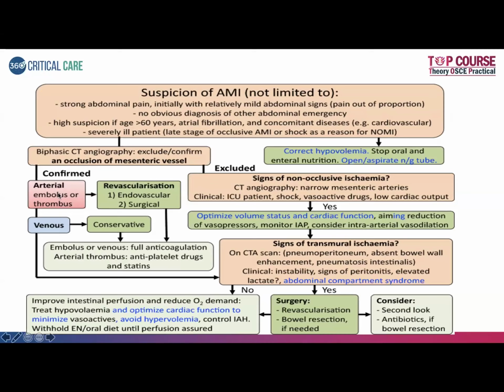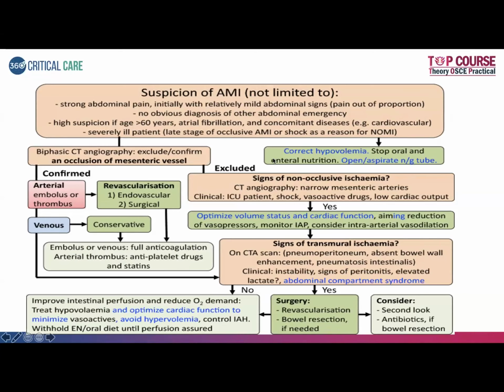If there is an arterial thrombus or embolism, so if an arterial occlusion is present, consider revascularization, either endovascular or surgical. Go ahead with full anticoagulation. If there is an arterial thrombus, you have to start antiplatelets and statins. If there is a venous thrombus, full anticoagulation. So remember, for venous, full anticoagulation; arterial thrombus, antiplatelets and statins.